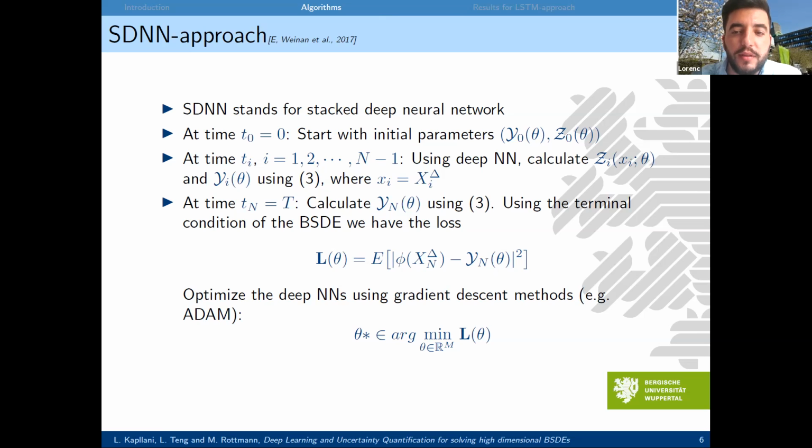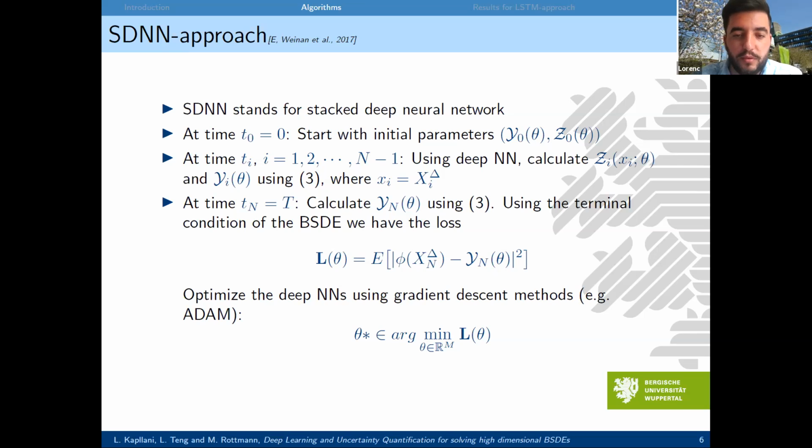And then we calculate the Z with the neural network, and then we calculate Y by using the Euler discretization of the BSDE. And moreover, when we go up to maturity, we again calculate the Y by using the Euler discretization. And what we know from the problem is the payoff.